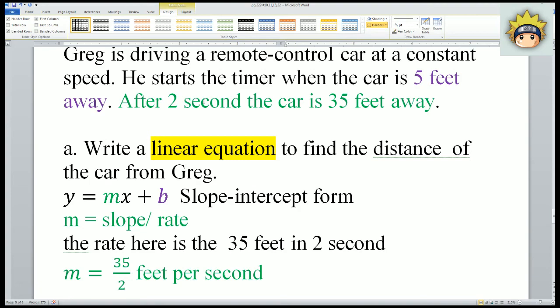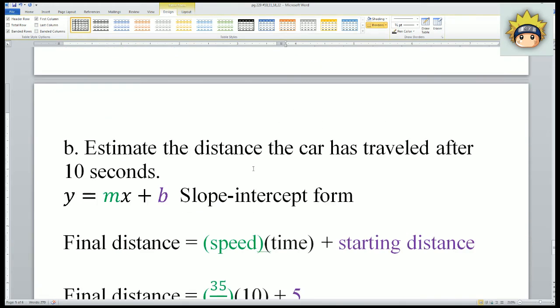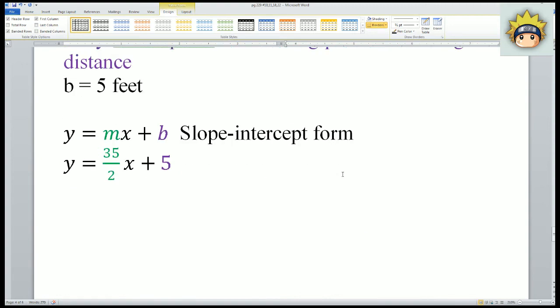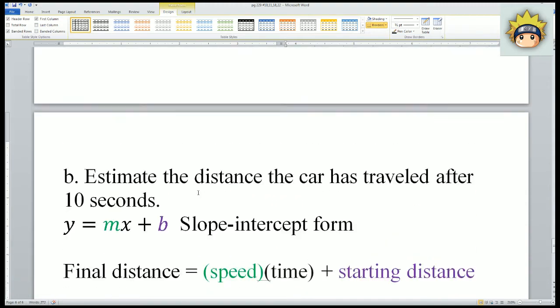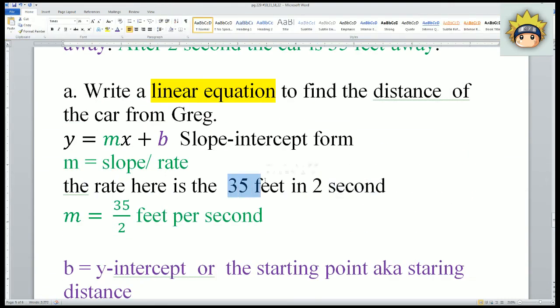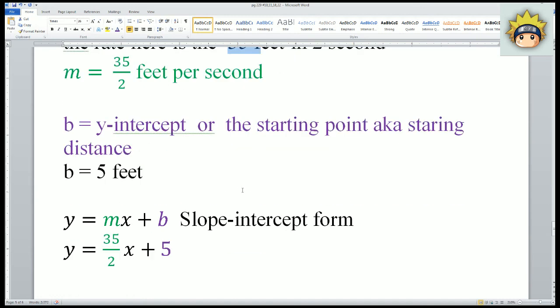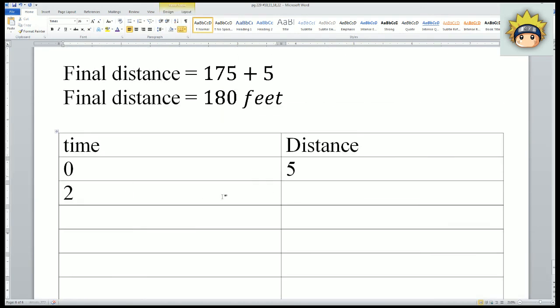It starts at 5 feet, at time 0. Every 2 seconds I go 35 feet. So at 2 seconds, it's 35. From here, it goes up 30, so at 4 seconds the next one should be 65.